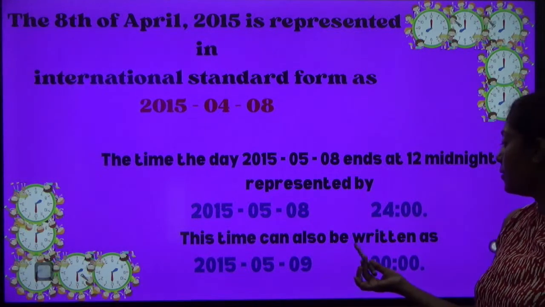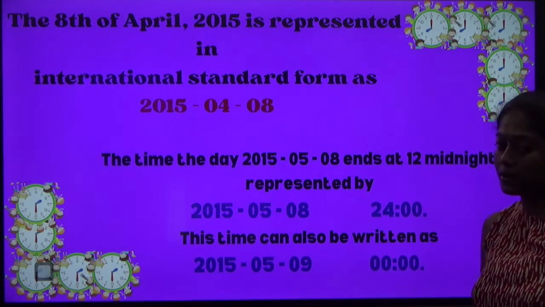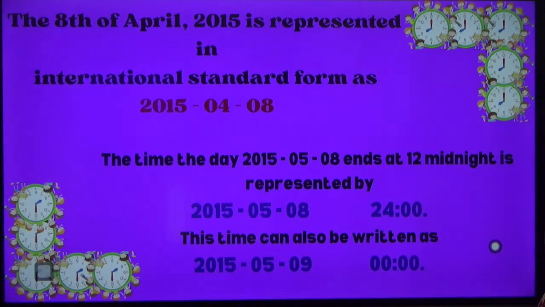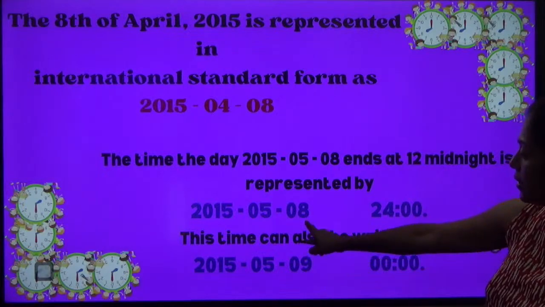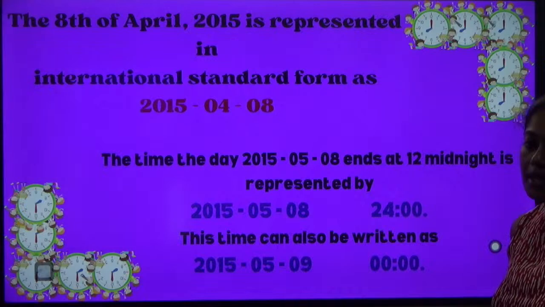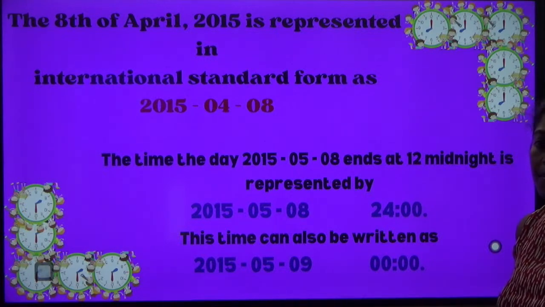Then this time can also be written like this. Midnight means you can write 24 or 4 zeros, but the date is changed, right? Here the date is 9.